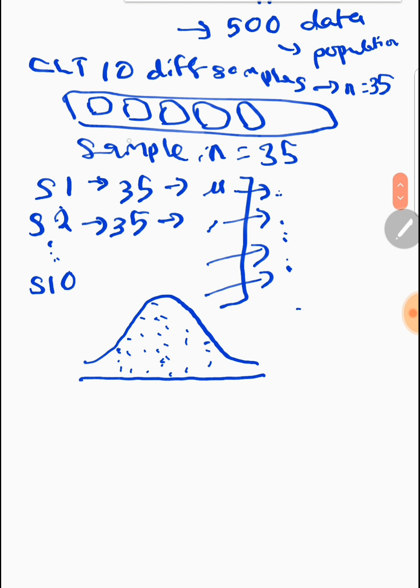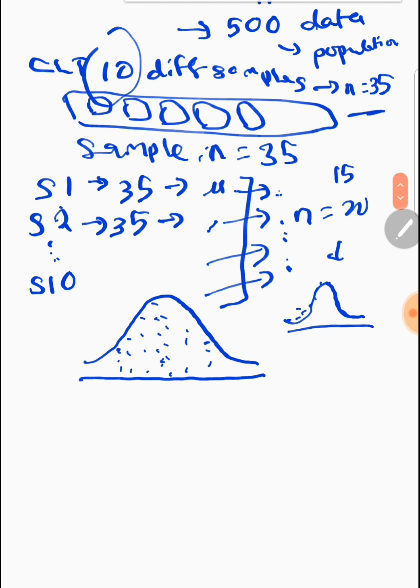And it doesn't just apply to a fixed 10 different samples, and it doesn't have to be a sample size of 35. You can even try it out. If you take an n of size 20 and you take 15 different samples of it, chances are you're going to get something of a normal distribution as well. So the only thing that could be different would be the standard deviation.